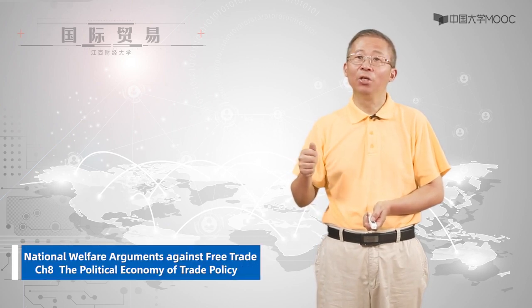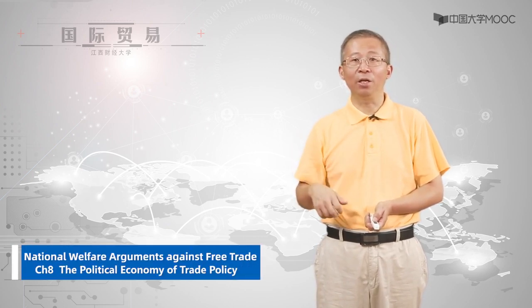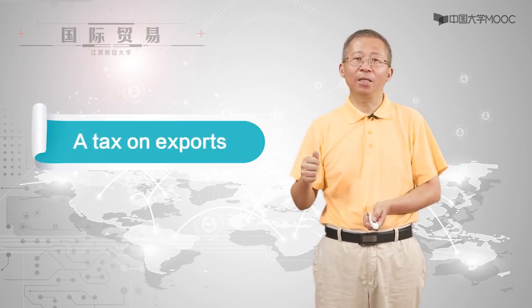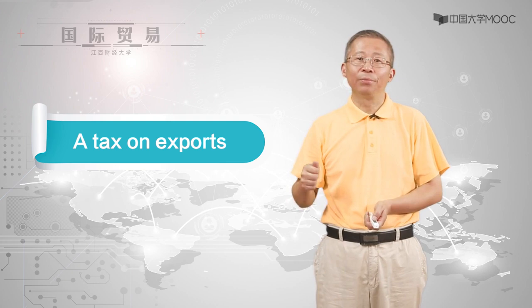What policy would the terms of trade argument dictate for export sectors? Since an export subsidy of a large nation worsens the terms of trade, and therefore unambiguously reduces national welfare, the optimal policy in export sectors must be a negative subsidy, that is, a tax on exports that raises the price of exports to foreigners.